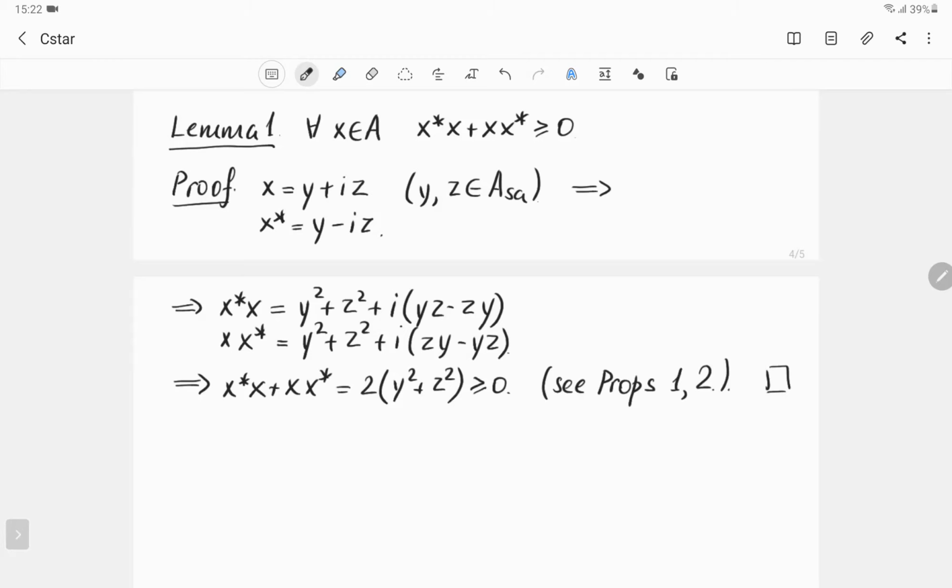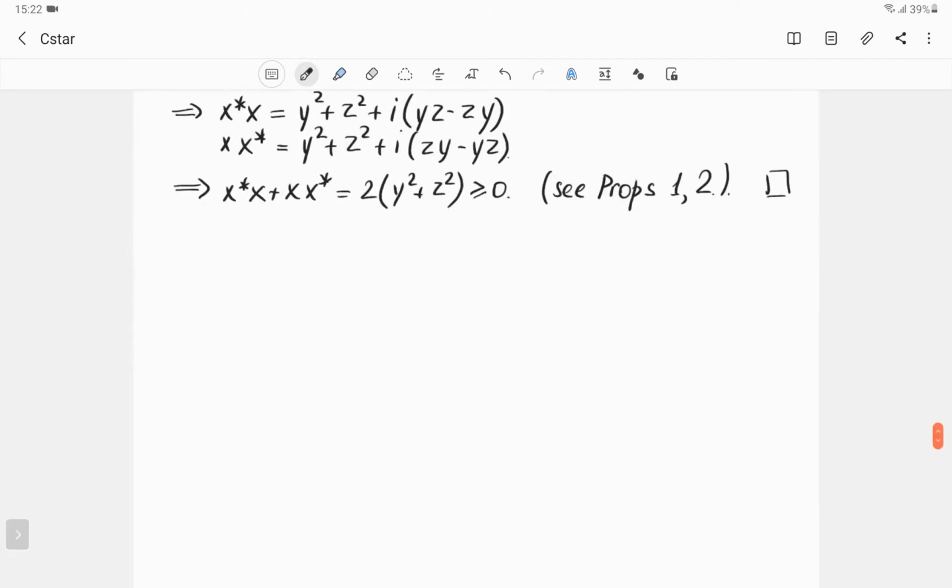Okay. Lemma 2. Lemma 2 is purely algebraic. Suppose that A is a unital algebra, just an algebra without any norm, just a unital algebra.